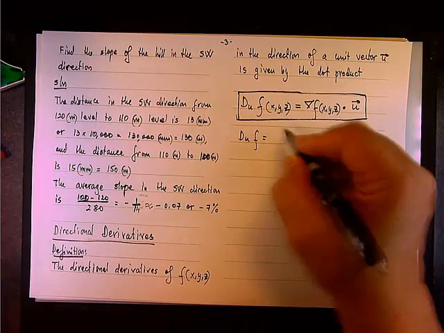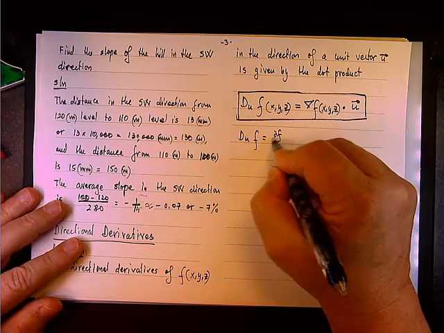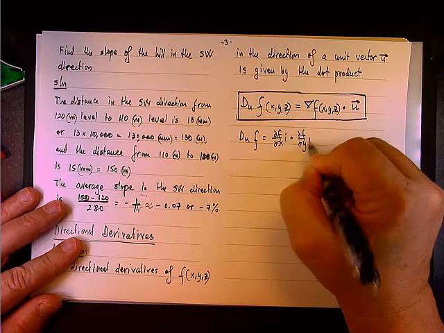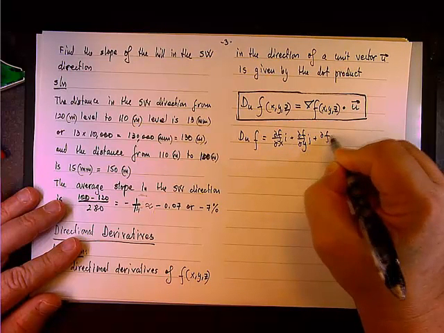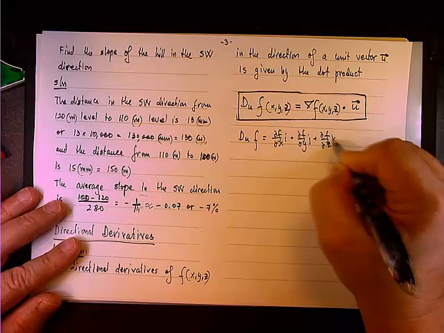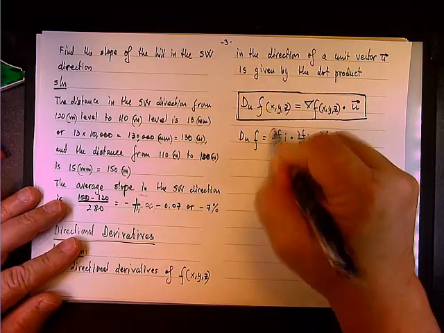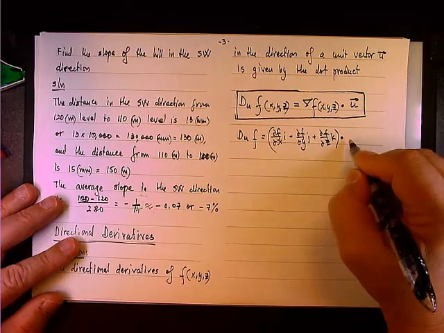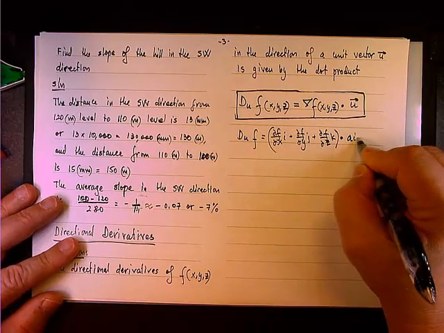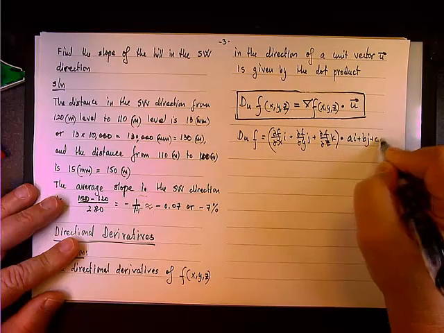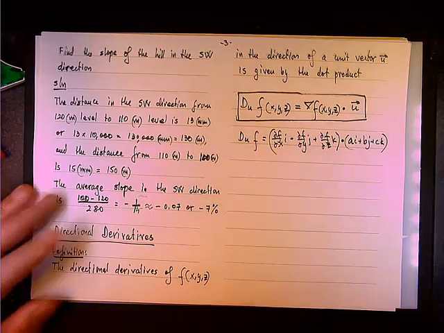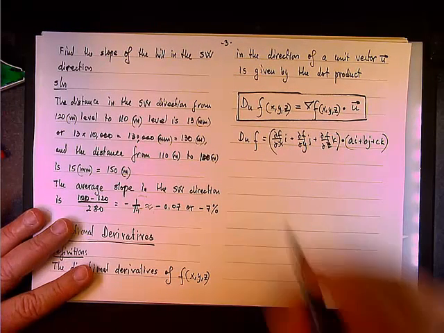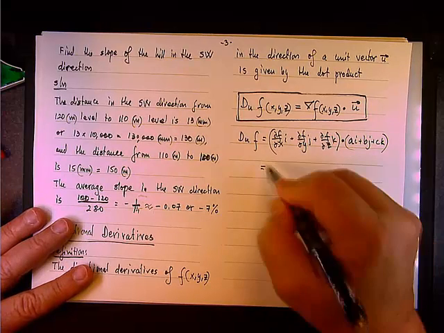I'll drop the x, y, and z. It will be the dot product. So you have this, and we dot product it with the vector components ai plus bj plus ck, like so, right?